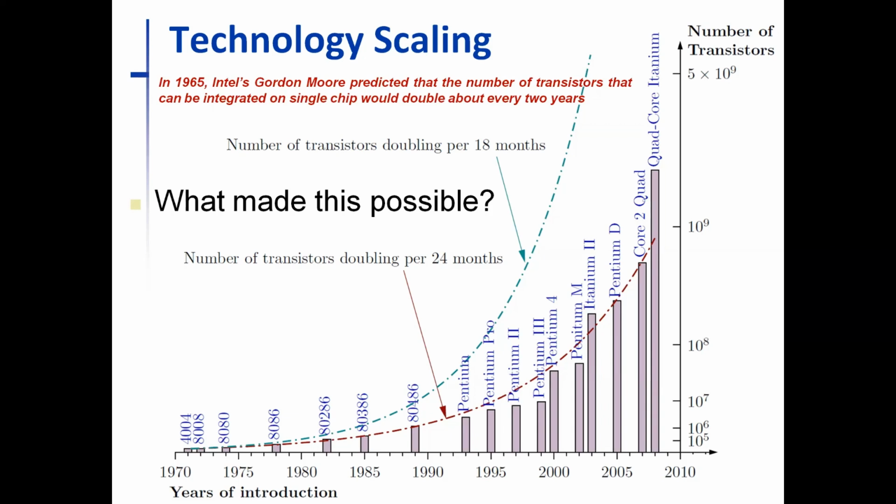We have this technology to take a wafer of silicon and etch transistors onto it, right? The process is called lithography. Somehow, over time, we were able to add more and more transistors onto a standard computer chip. What made this possible?